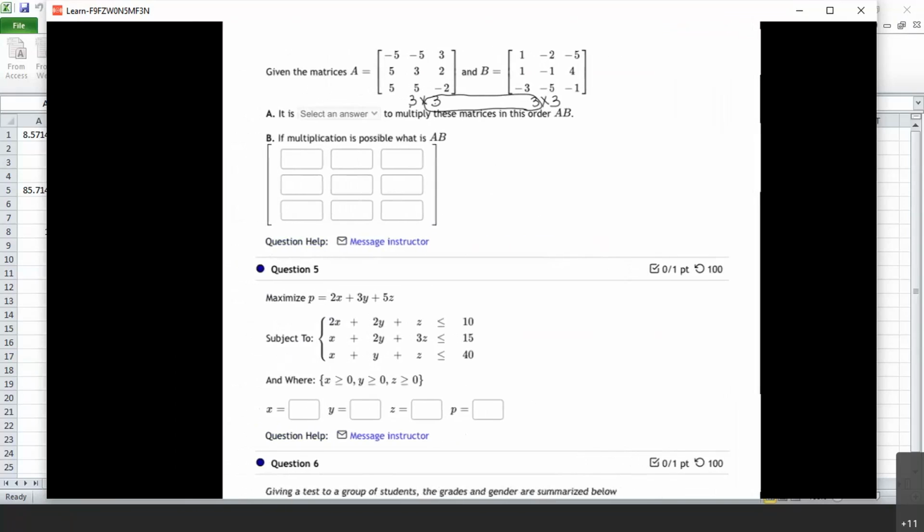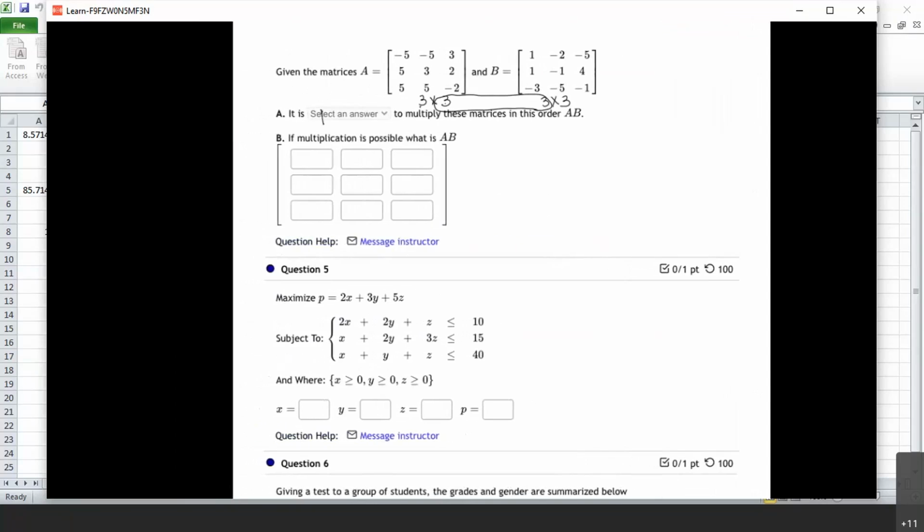So you would say it is possible. Then if you use the Symbolab matrix calculator, you just put the two matrices next to each other, and say solve, and it will give you the values to put in here. So again, use Symbolab.